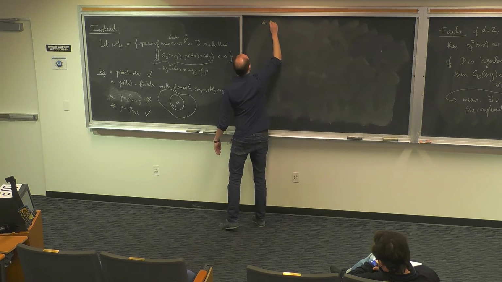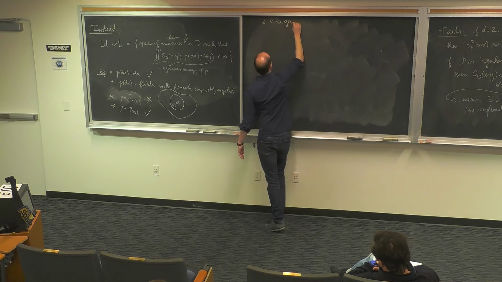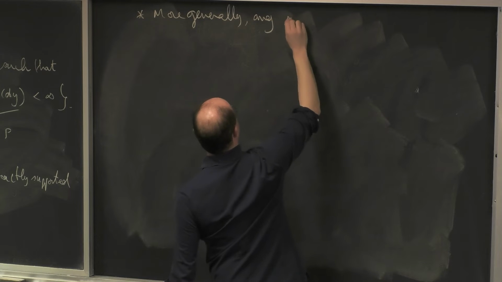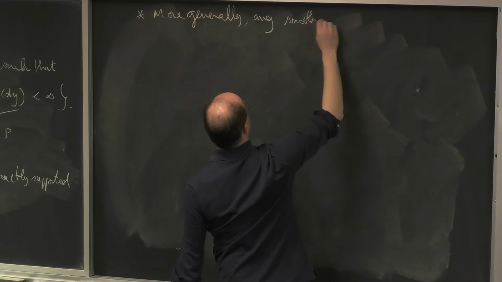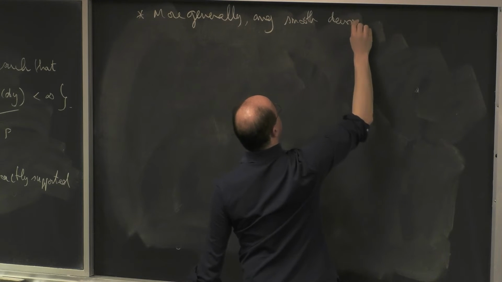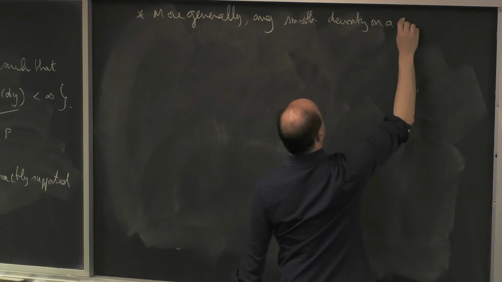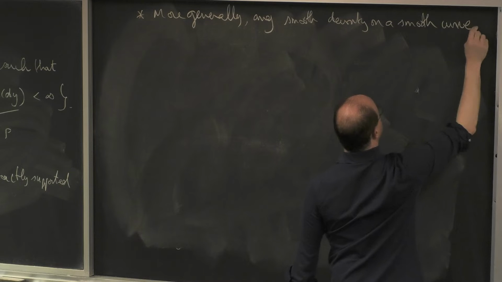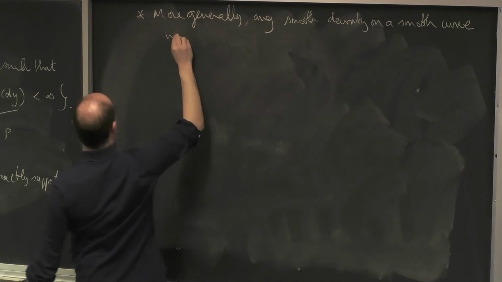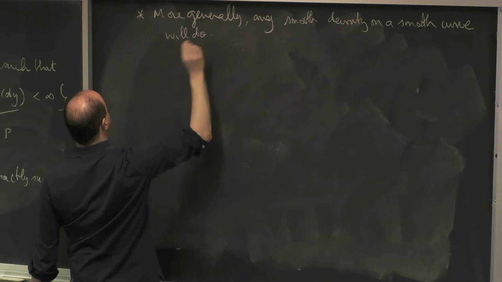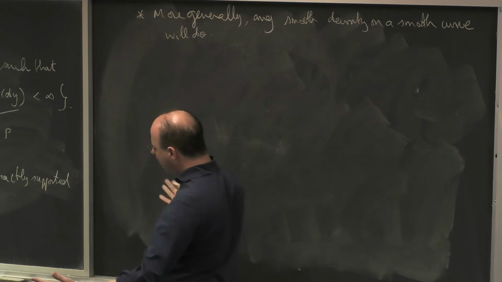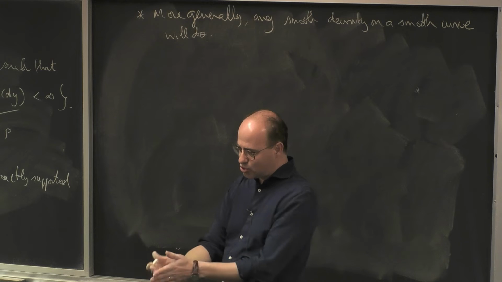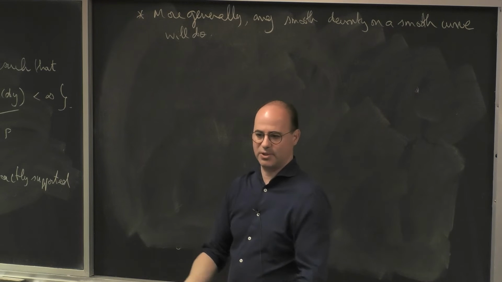Okay, so more generally, any smooth density on a smooth curve will do. The only thing that I require about rho is that it's sufficiently spread out. It doesn't concentrate too much near one point, basically.